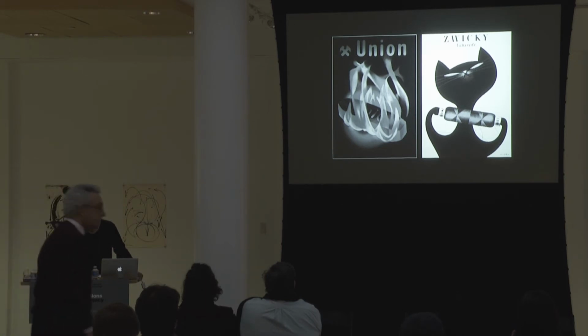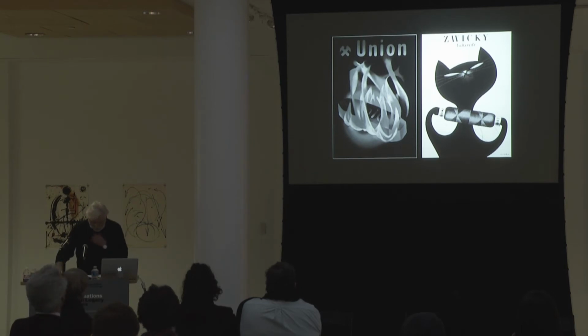Typical for the time, both posters were stone lithographs. The cat was designed in 1946 by Donald Brun, who later became my teacher in Basel. And the burning coal was by Fritz Bühler, who was actually Armin Hofmann's employer, I'm sorry.